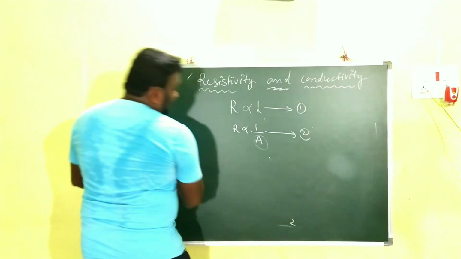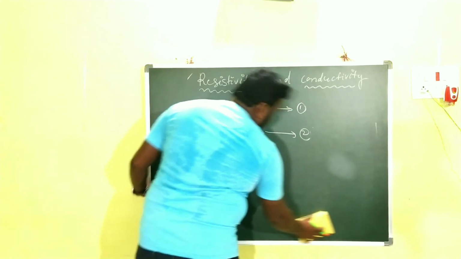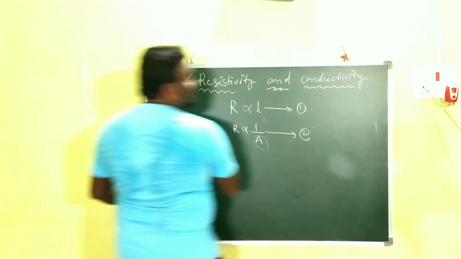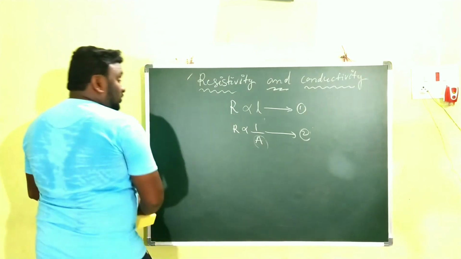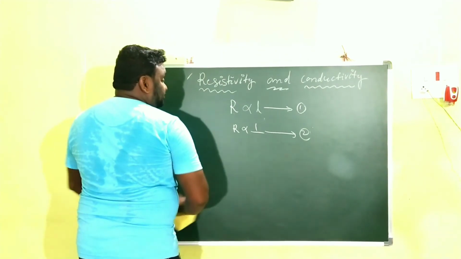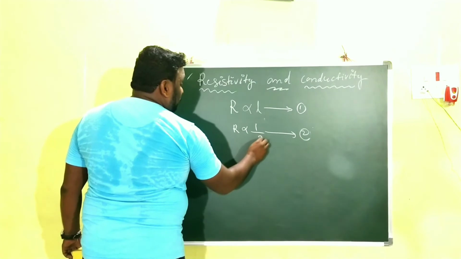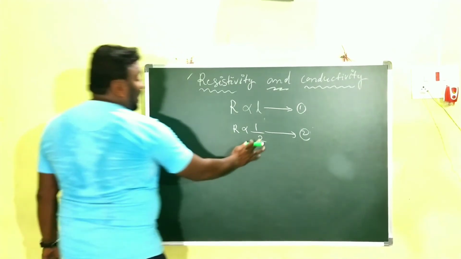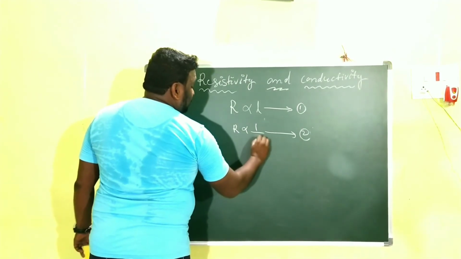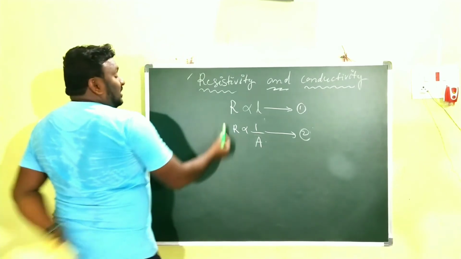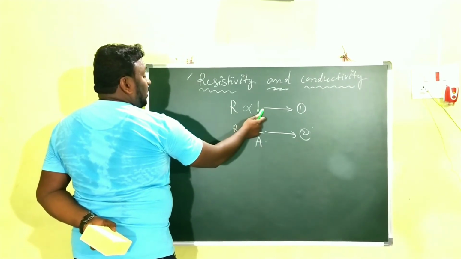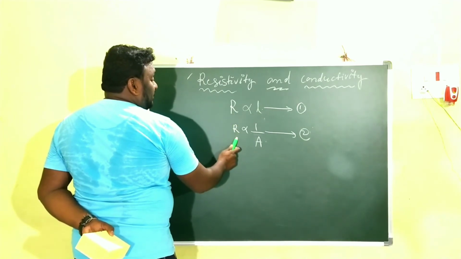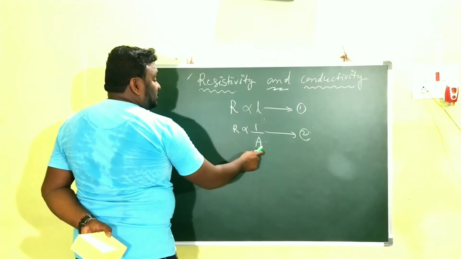So here, by using these two relations, now we have to define the resistivity or conductivity. Okay, children? From equations 1 and 2, what do we conclude? The resistance of the conductor is directly proportional to the length of the conductor and inversely proportional to the area of cross section of the conductor.